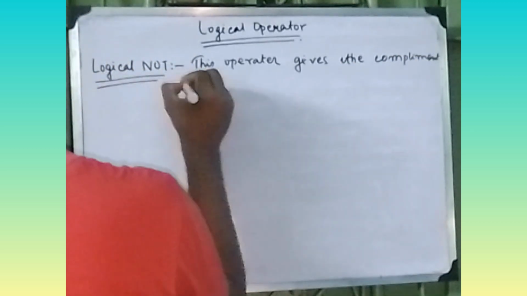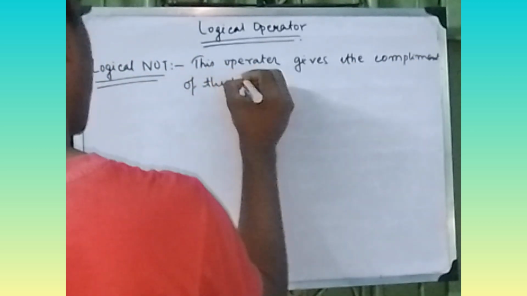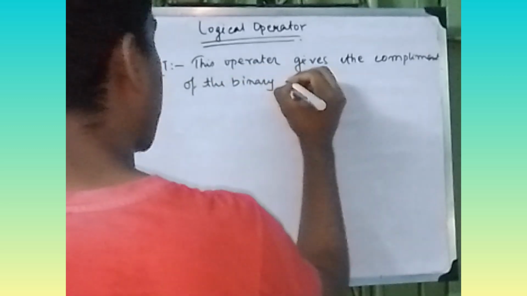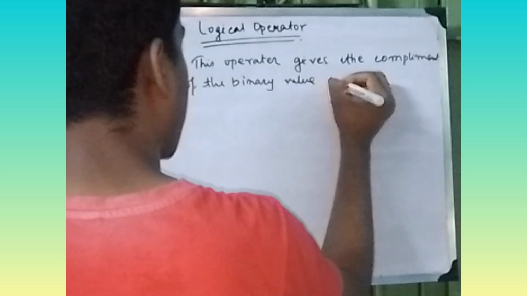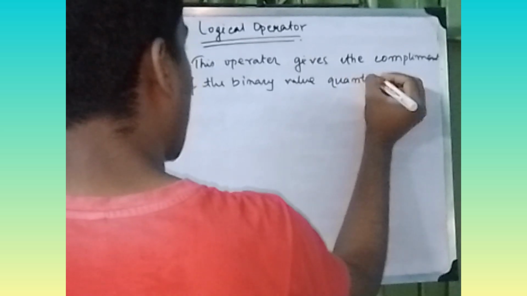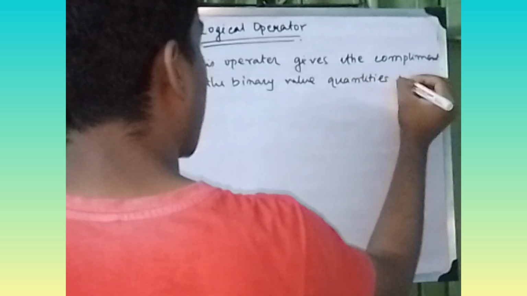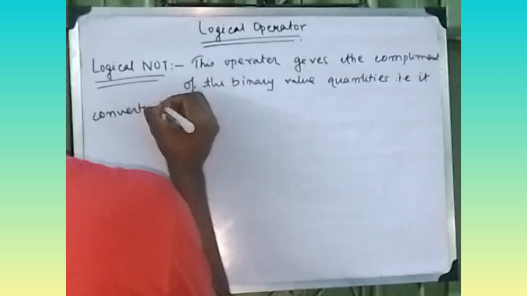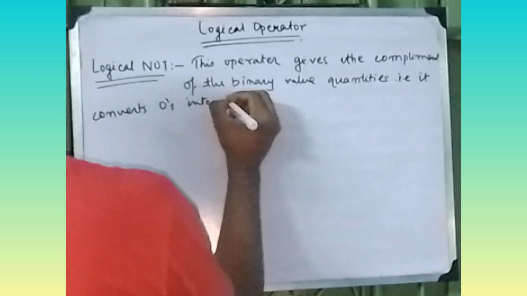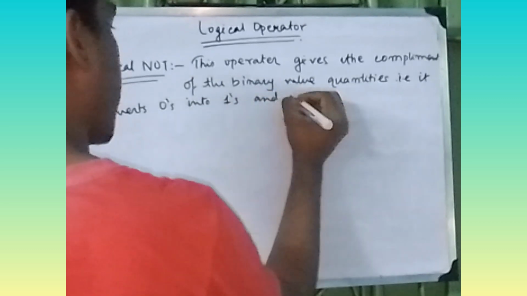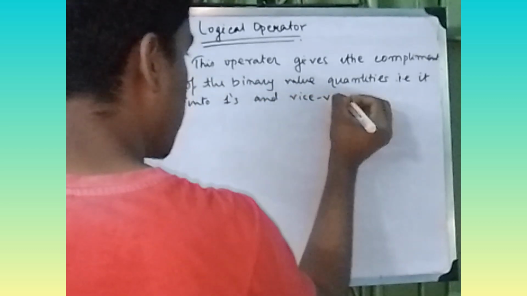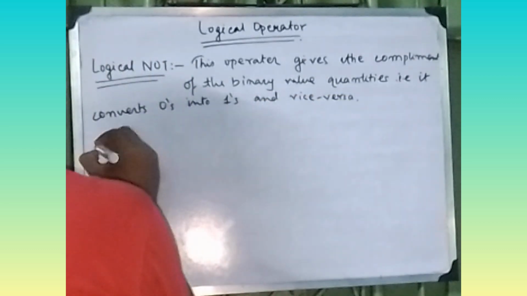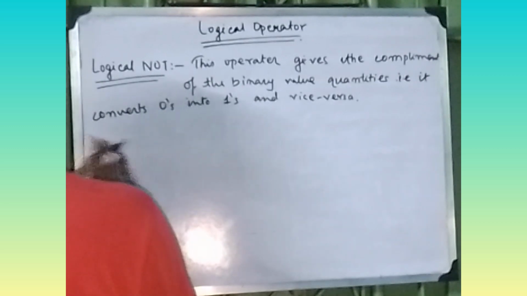This operator gives the complement of the binary valued quantities given by the user. It converts zeros into ones and ones into zeros. It is represented as an apostrophe or a hyphen.